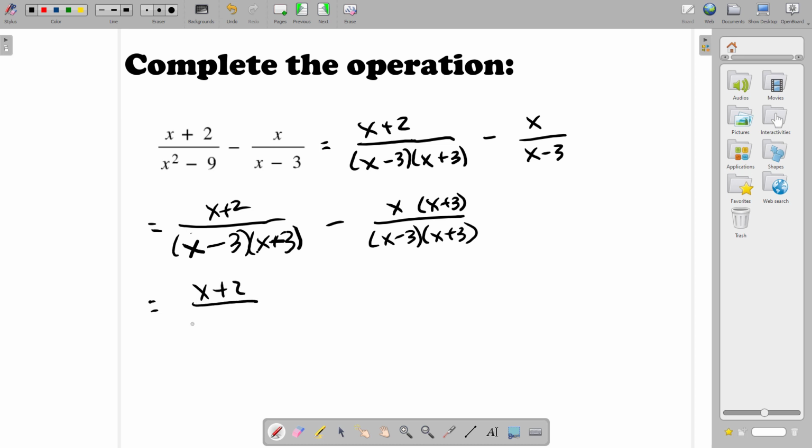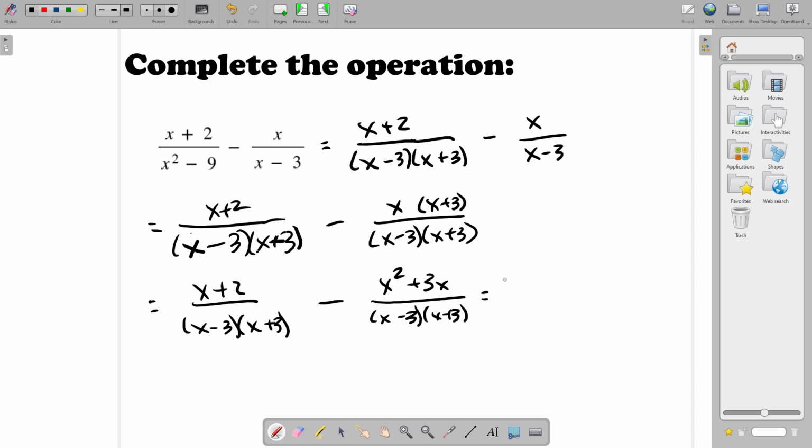So let's leave this fraction the same. This becomes x squared plus 3x over x minus 3 times x plus 3. Now I've got an issue here because I'm subtracting. And so since I'm subtracting this fraction, that negative has to be distributed over everything on the top.